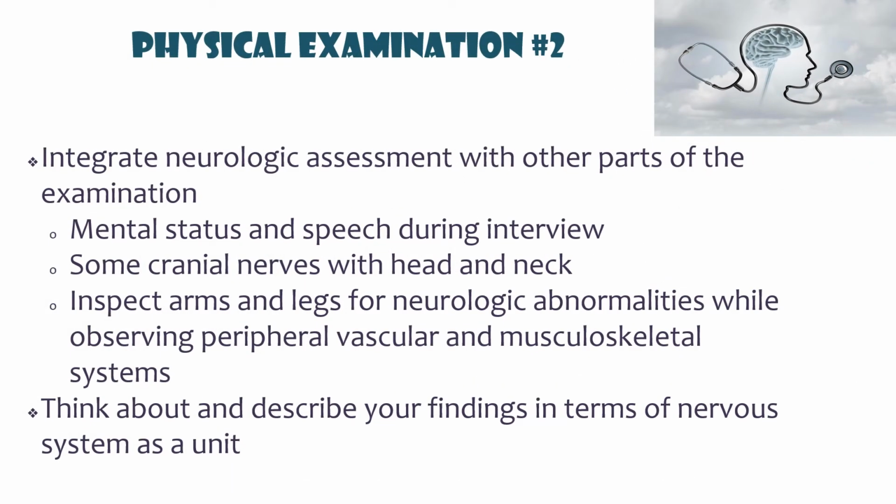So integrate neurologic assessment with other parts of the examination, such as the mental status and speech during the interview, some cranial nerves with head and neck. So if you're doing the assessment of the head and the neck, inspect the arms and legs for neurologic abnormalities while observing peripheral vascular and musculoskeletal system.